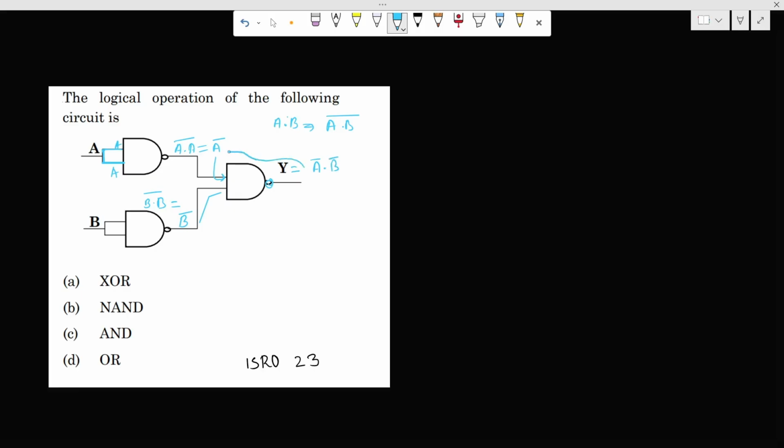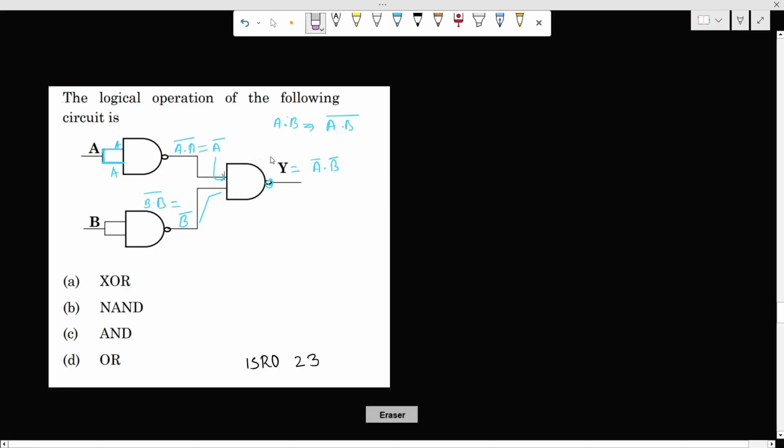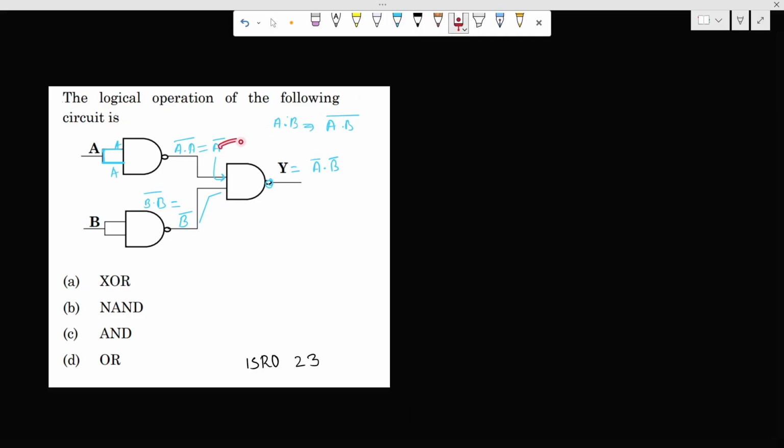First input A is here, and first input A is here, and second input B is here. So we get A dot B, as it is a NAND gate, so whole bar. So by applying De Morgan's theorem, we get input 1 bar plus input 2 bar.